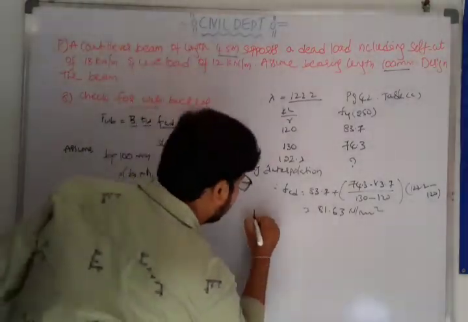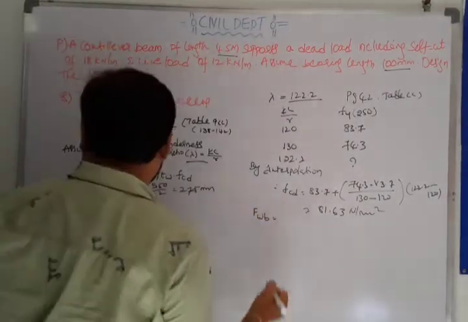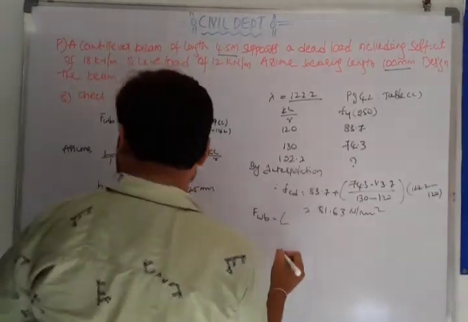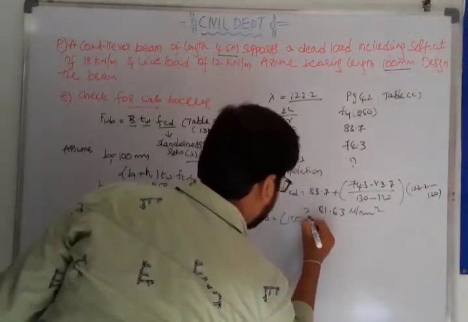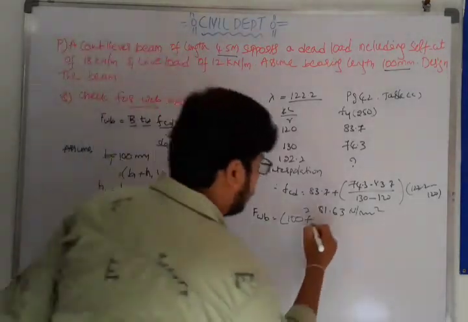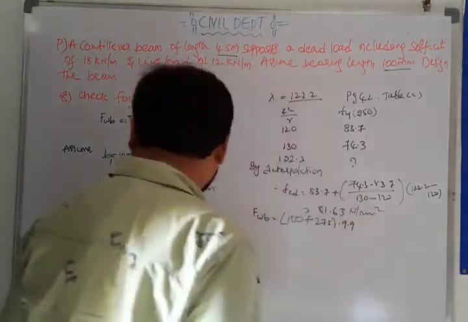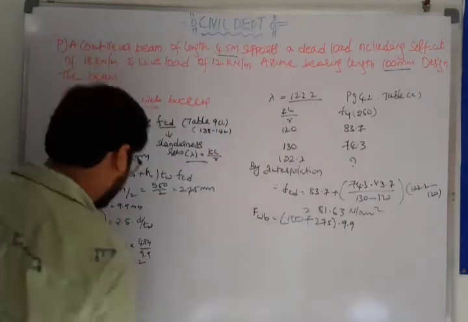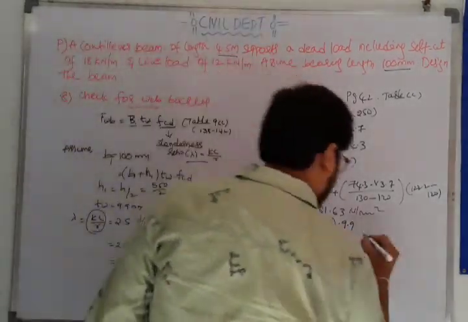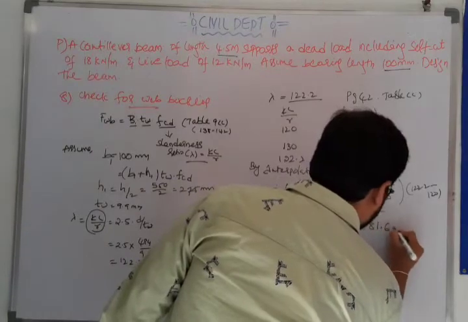Substituting in F_WB is equal to (B1 as 100 plus H1 as 275) into TW 9.9 into FCD 81.63.